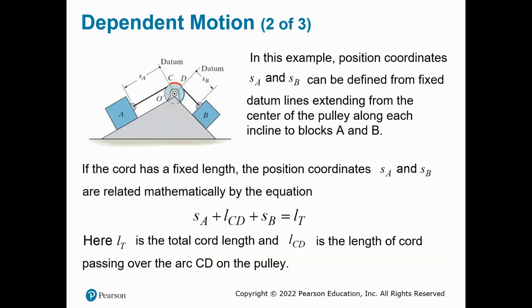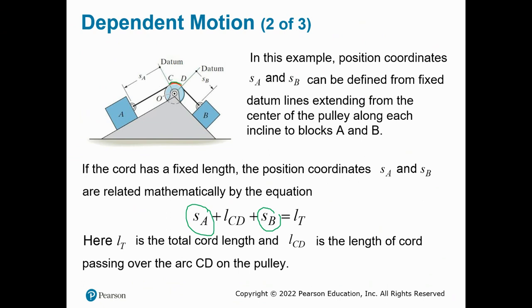With that being said, we can write down our equation. The distance SA is not a constant. It changes depending on the location of A. And SB is the same thing. SA and SB are not constants. These two terms change.